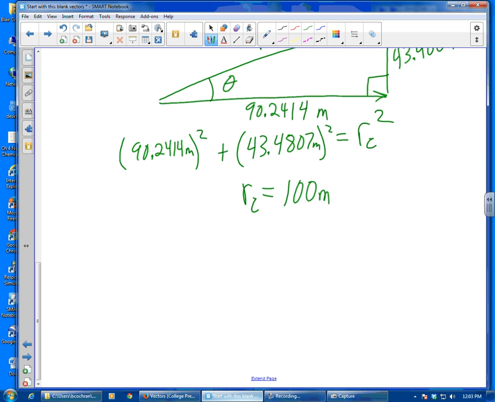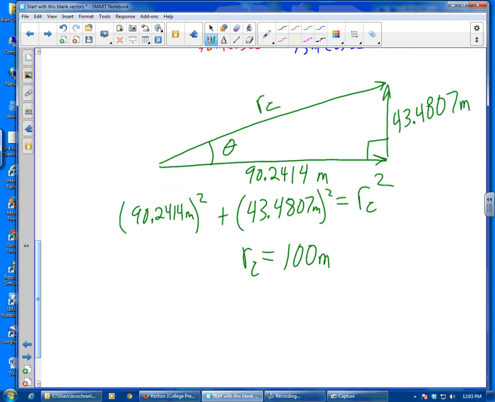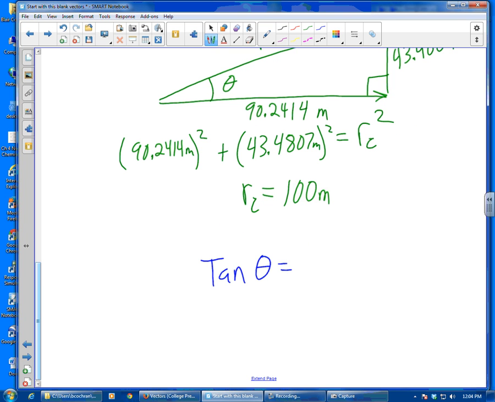So now I need to find out theta. What relationship relates the opposite side to the adjacent side to the angle? Tan. Toa. Good old toa. It says tan of theta equals opposite 43.4807 meters over adjacent 90.2414 meters.